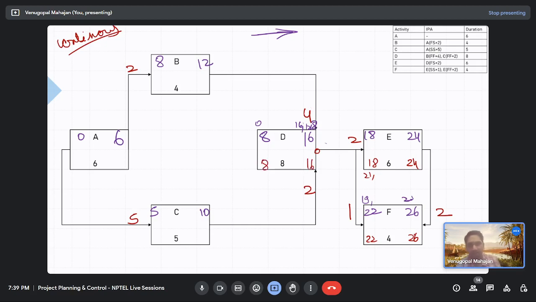One arrow, 8. Coming to this side, 12. 12 minus 4 is how much? 8. In this case, 16. 16 minus 2 is 14. So 14 minus 5 is 9. What about this? This is 6 and this is 0.